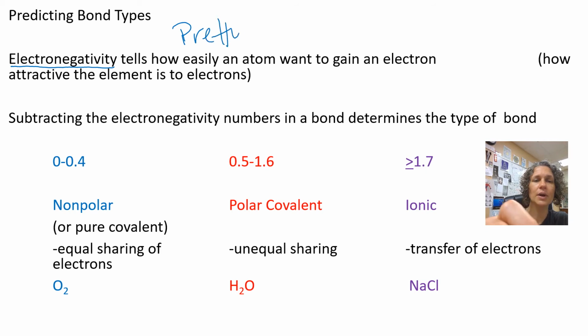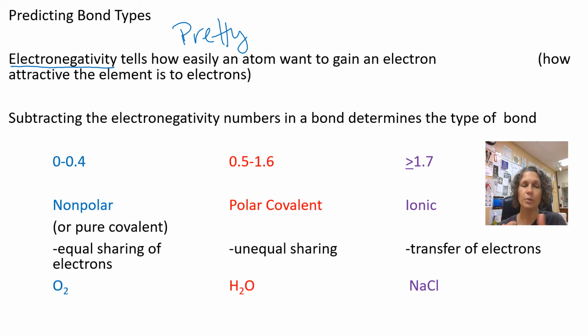And so depending on the actual electronegativity numbers, and I'll give you a chart on my next screen, you can actually determine the type of bond if you know the electronegativity values. The difference between the electronegativity of the two elements in the bond helps you determine the type of bond.